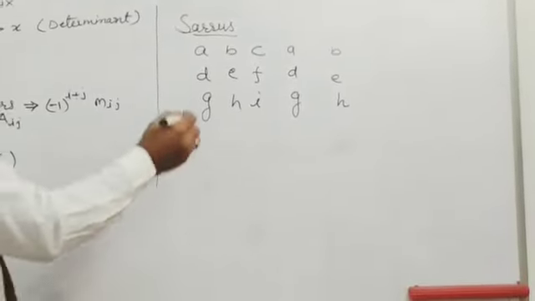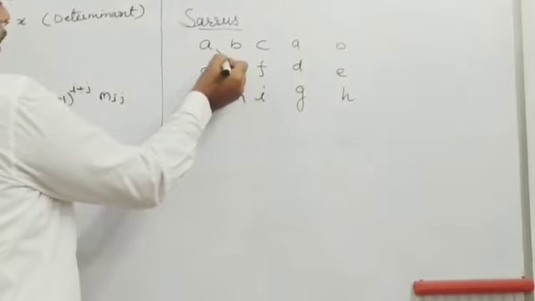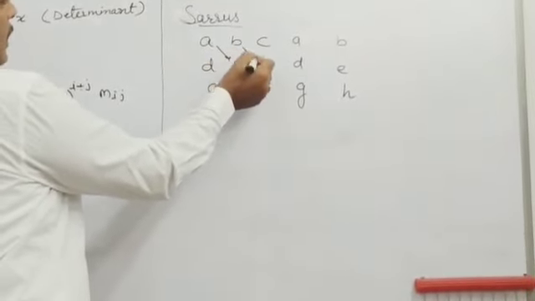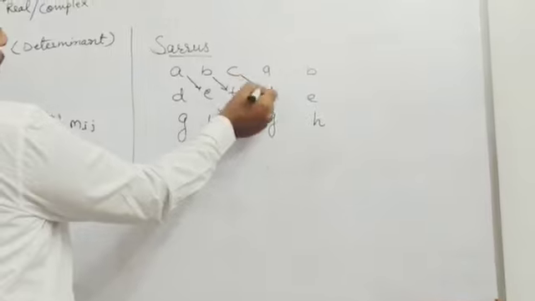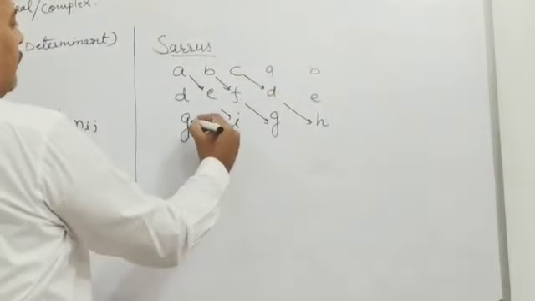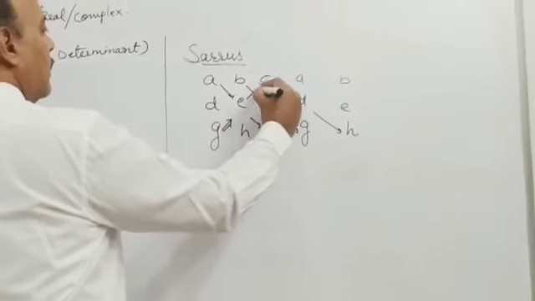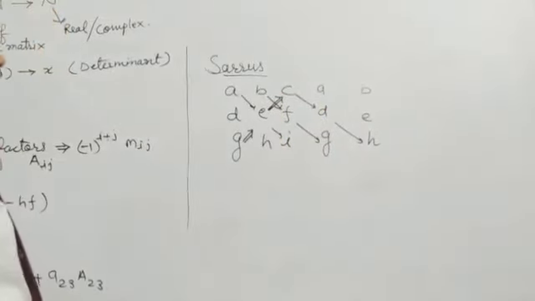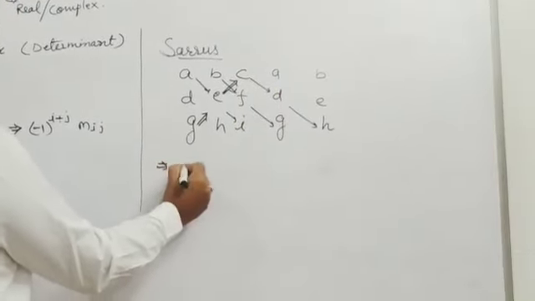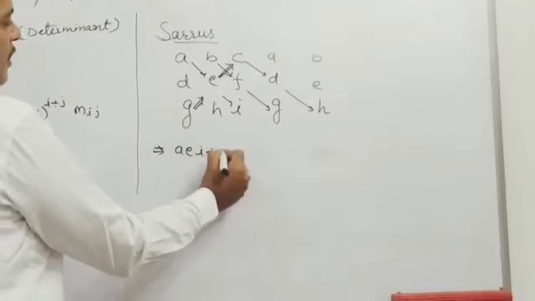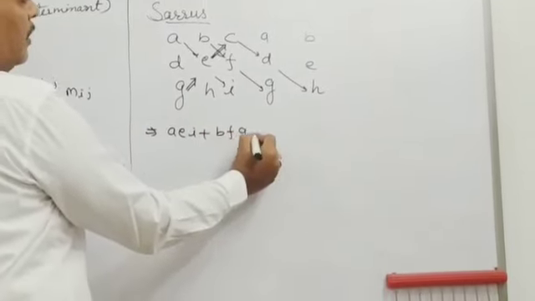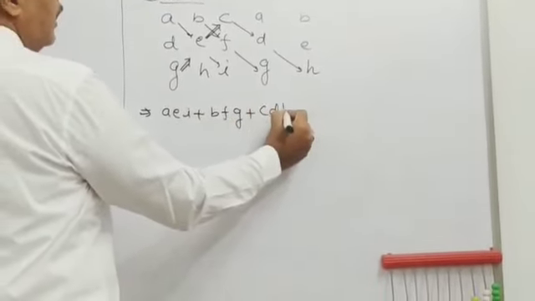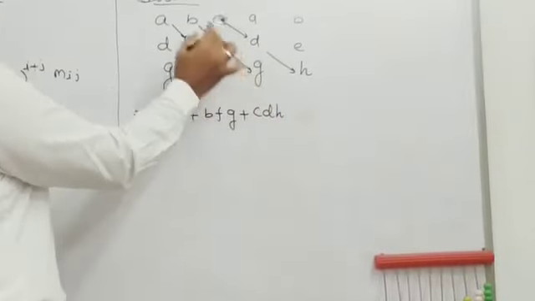Then multiply them diagonally. When you are taking this diagonal, consider the positive sign before them. When we consider this diagonal, then the negative sign. So AEI plus BFG plus CDH, all three positive.